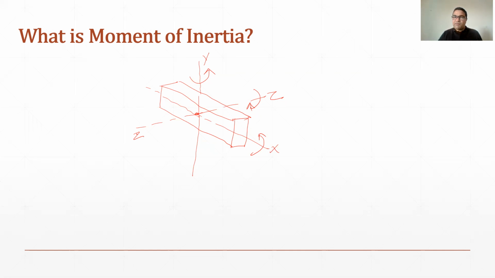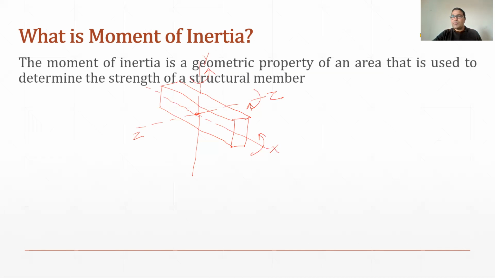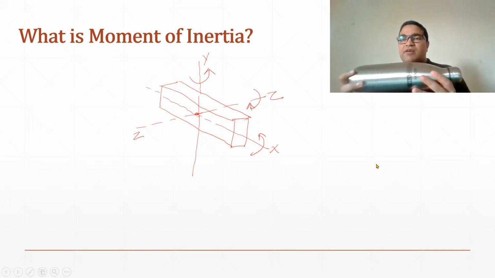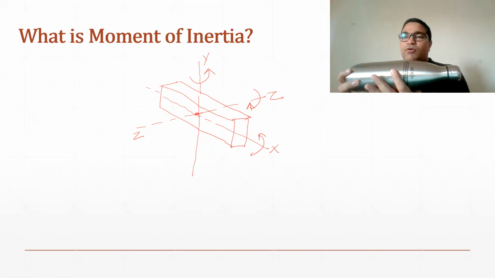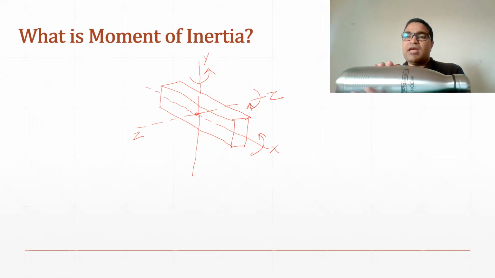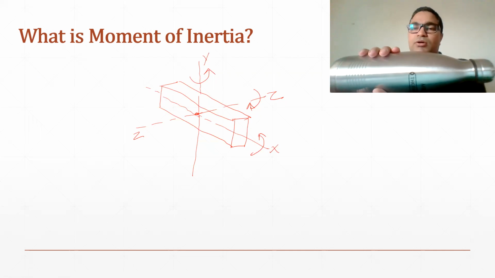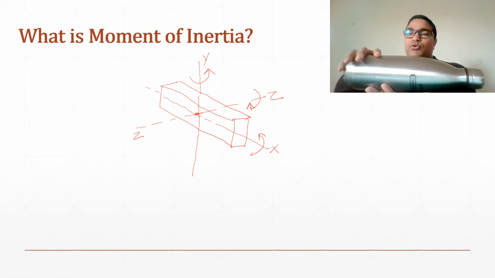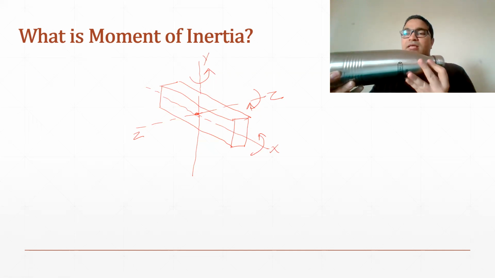Or if I take a real life example, say for example, I have this bottle. Now if I want to rotate this bottle about its horizontal axis, say like this, the effort required to rotate this bottle about the horizontal axis is different than to rotate this bottle like this.